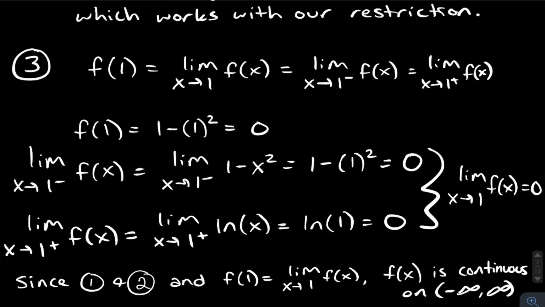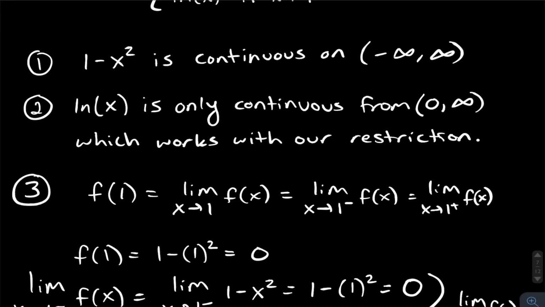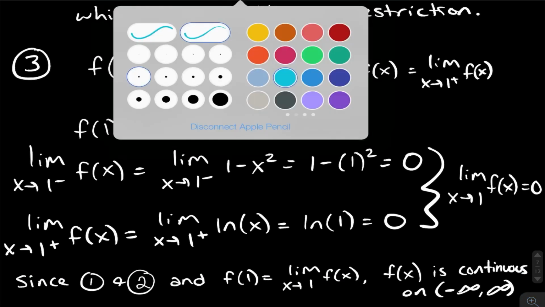It's continuous everywhere. We didn't have any points of discontinuity, right? And are we on the green? Yeah, we're on the green section. So I'm going to circle that with green.